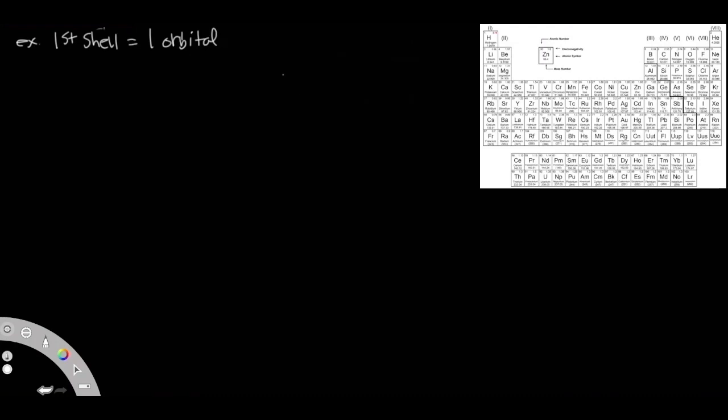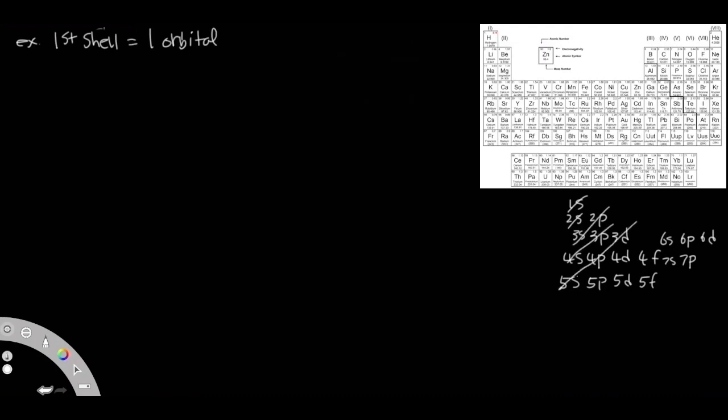And we should know this by now based on this: 1s, 2s, 2p, 3s, 3p, 3d, 4s, 4p, 4d, 4f, 5s, 5p, 5d, 5f, 6s, 6p, 6d, 7s, 7p. So our first shell has just one orbital because, as you can see, there is only one s.